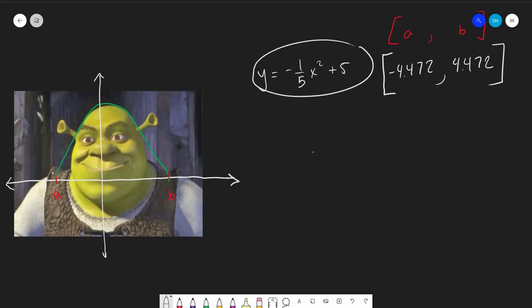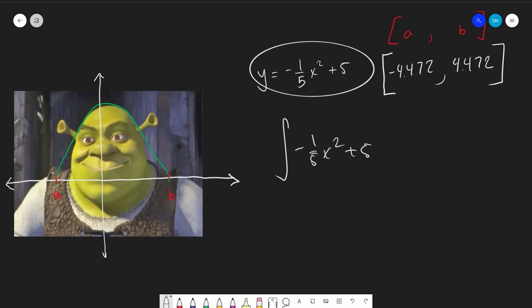So our function right here is y equals negative 1/5 x squared plus 5. So we take the integral of negative 1/5 x squared plus 5, and this is a definite integral, so we evaluate it from our a, which is negative 4.472, to positive 4.472.